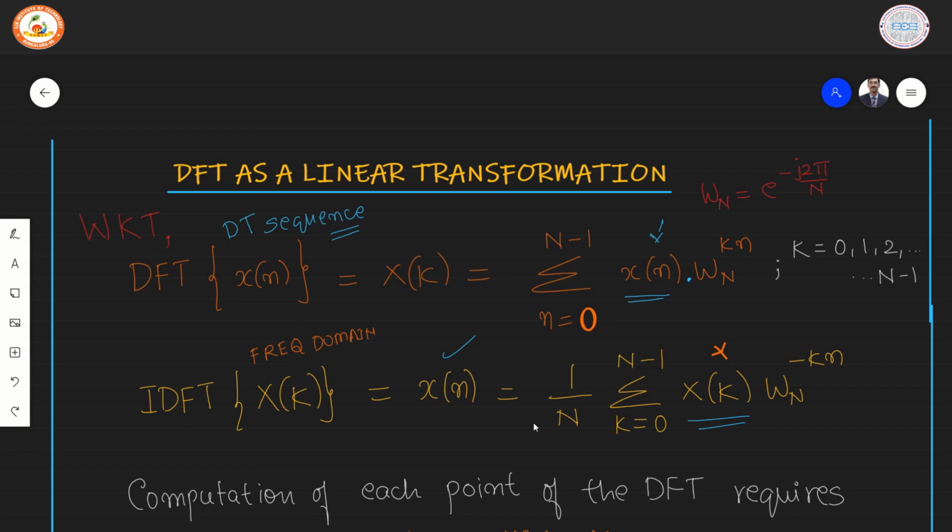The expression for the IDFT is 1 by N times the summation with the limits k from 0 to N minus 1. The input is the frequency domain sequence X of k multiplied with the twiddle factor W N with the power minus kn. Here the value of n lies between 0 to N minus 1.